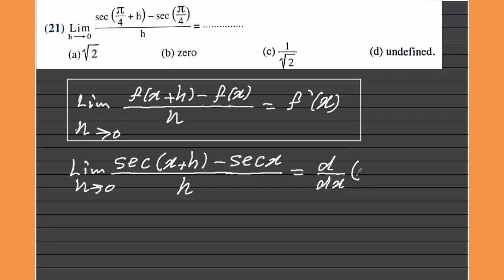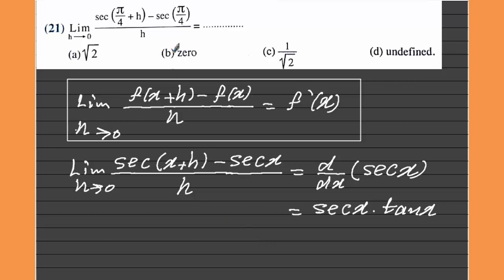So we write d dx of sec x. What is the derivative of sec x? It is sec x dot tan x.